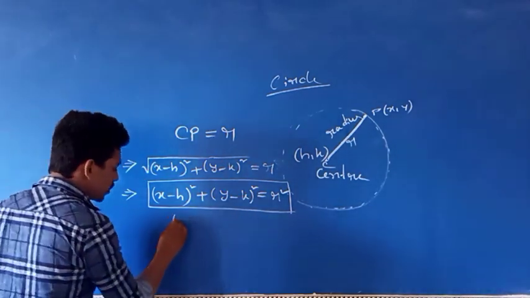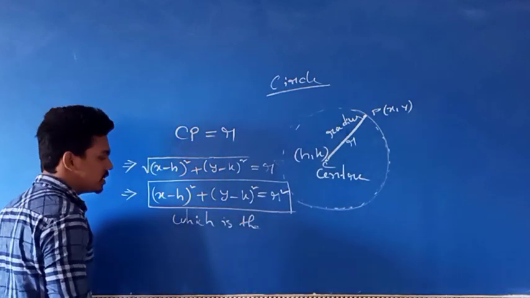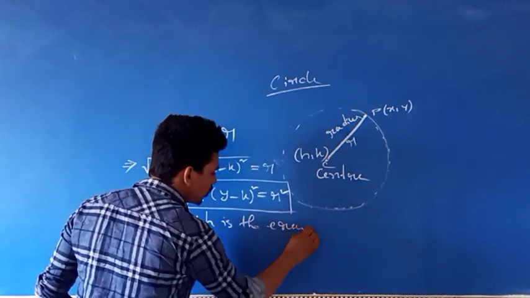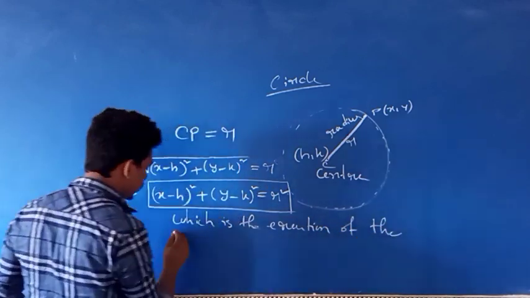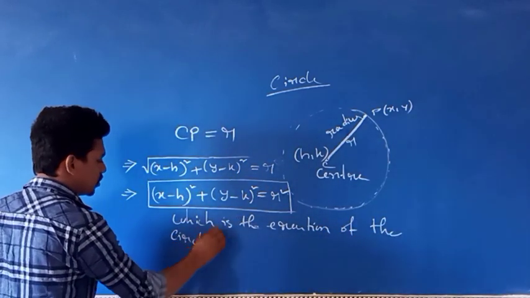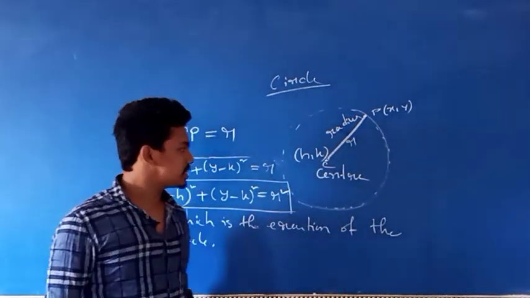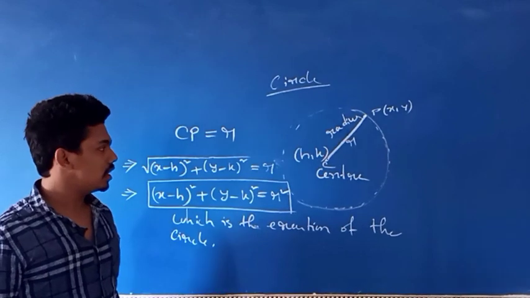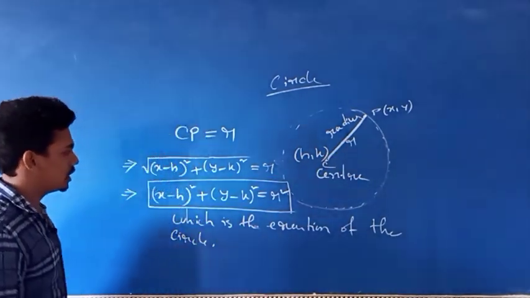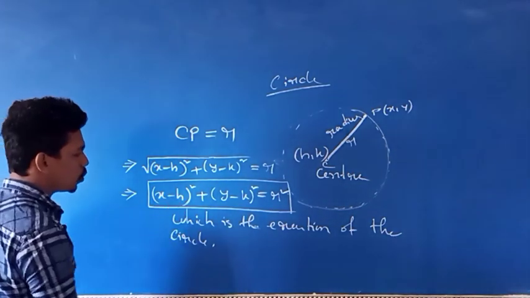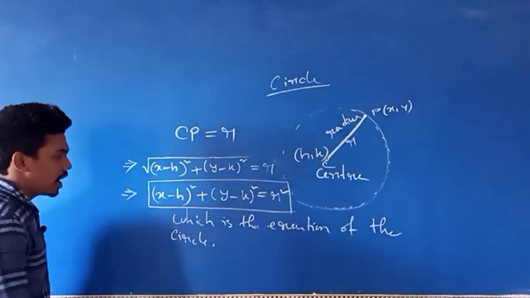This equation is the equation of the circle. So if (h, k) is the center of the circle and the radius r, then the equation of the circle is (x minus h) whole square plus (y minus k) whole square is equal to r square.